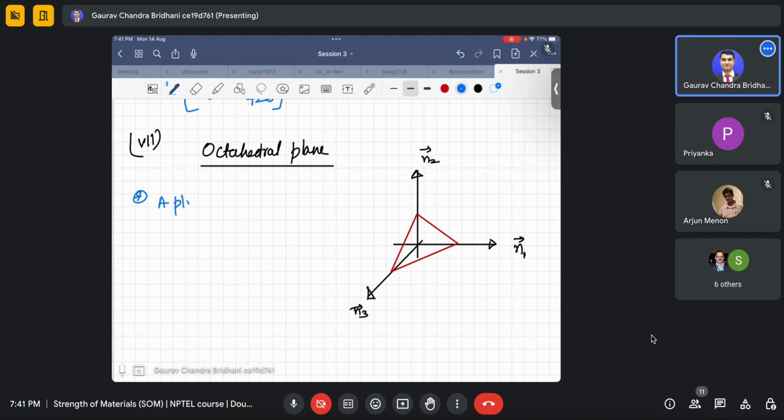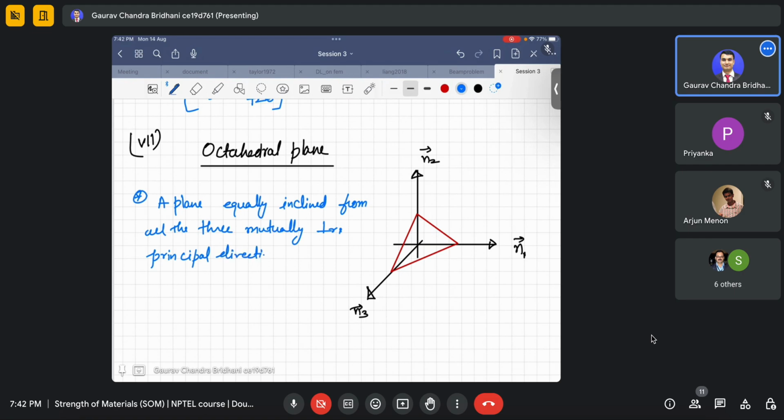A plane equally inclined from all three mutually perpendicular principal planes or principal directions is known as the octahedral plane.